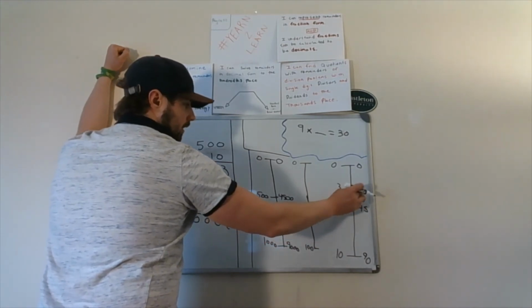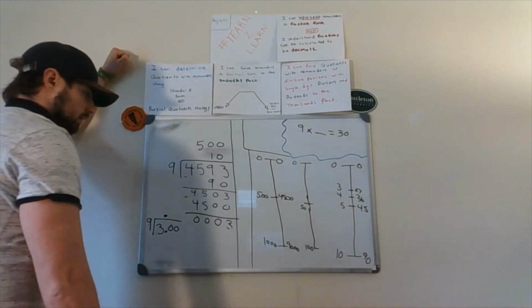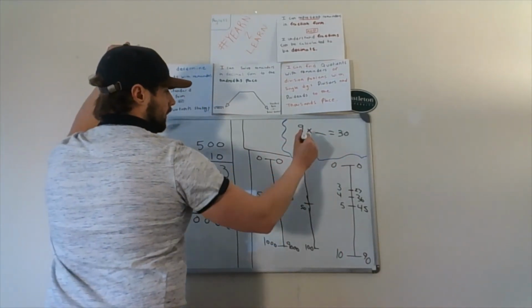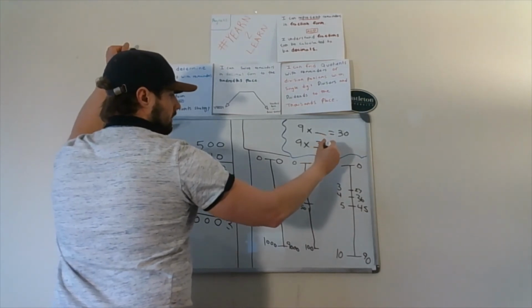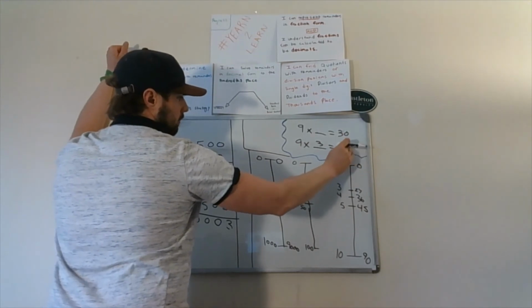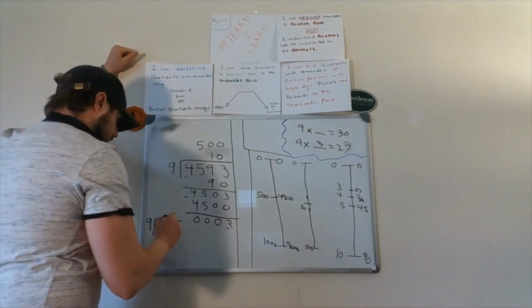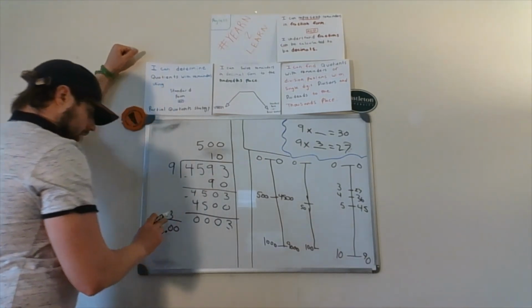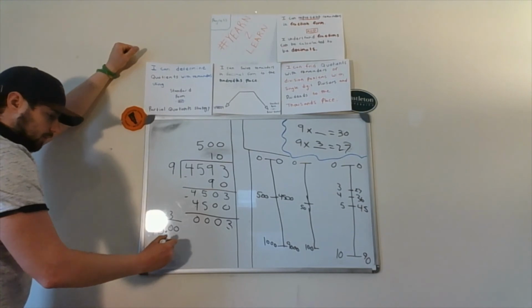I can take 9 away to get 27. 9 can't go into 30 evenly, but I can go in 3 times to get 27. 27. Awful close. I got 3 in my tenths. 9 times 3 is going to give me 27.